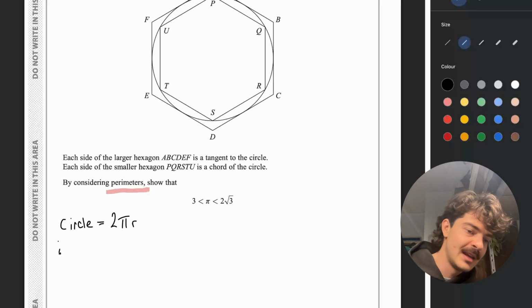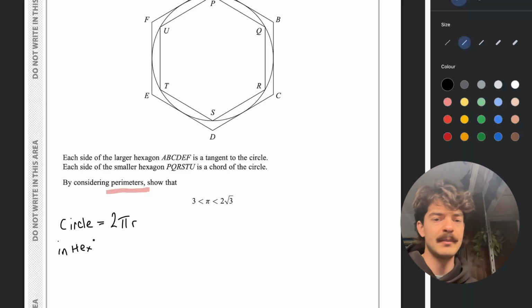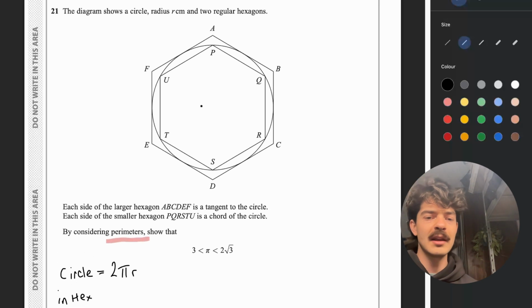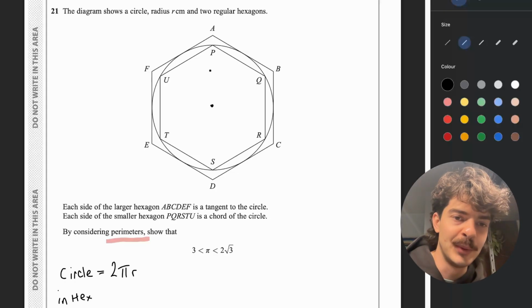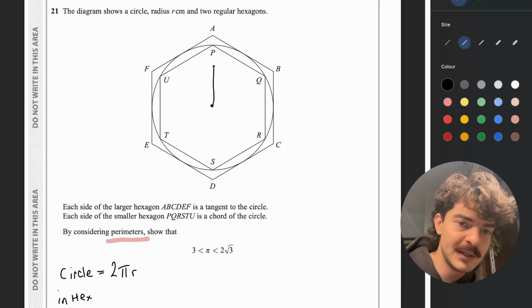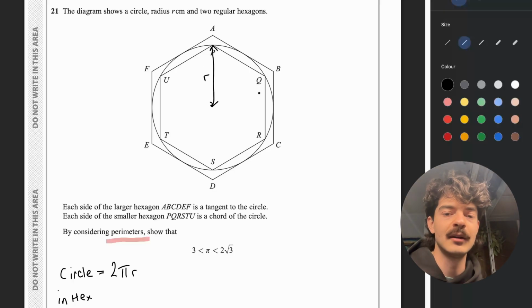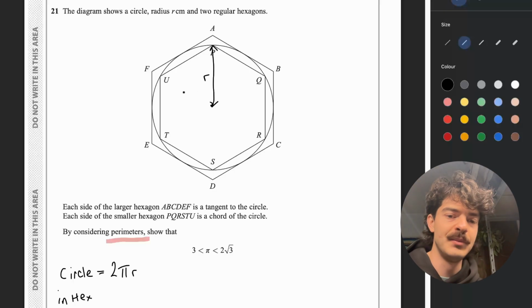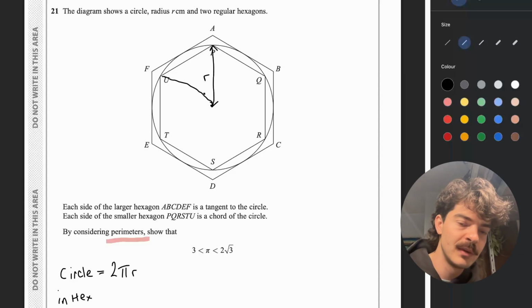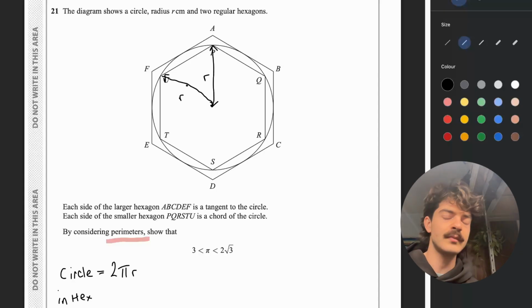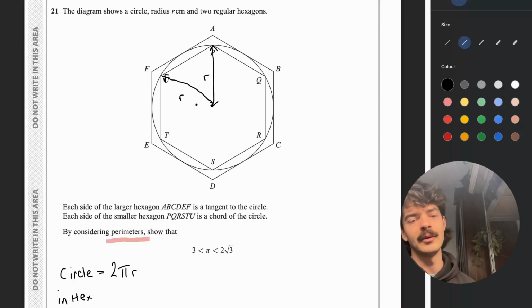Let's now do the inner hexagon. Okay, so thinking about this, right, we've got a point, and we know that the radius of the circle must be r. So this distance from the center to, say, P must be r. But the distance from, say, the center to this point U is also r. Well, that's kind of interesting. What else do we know?